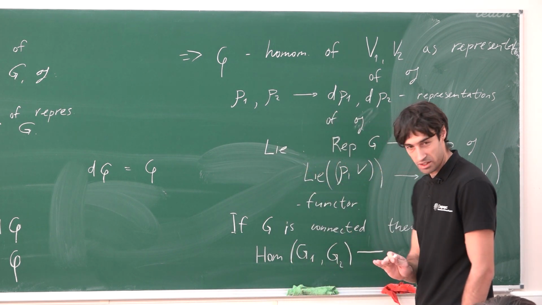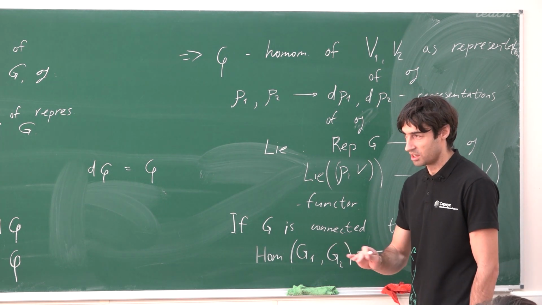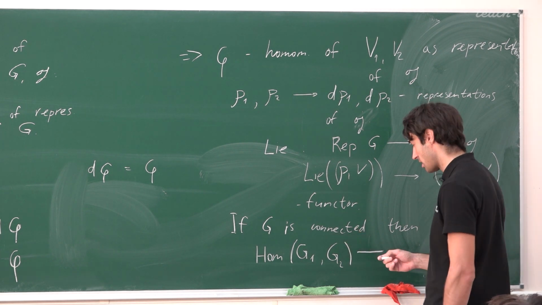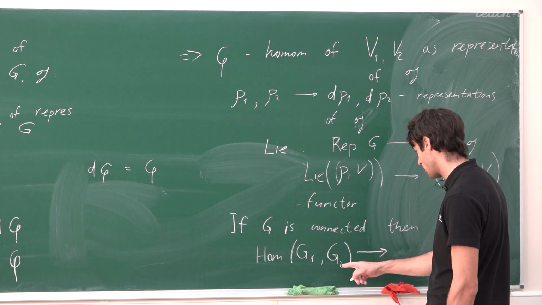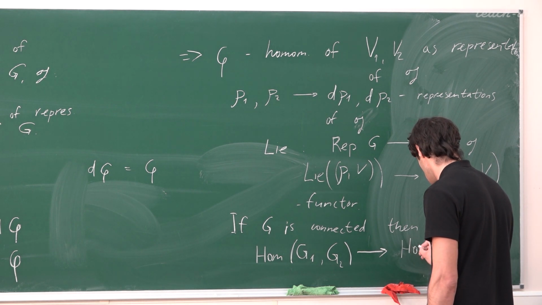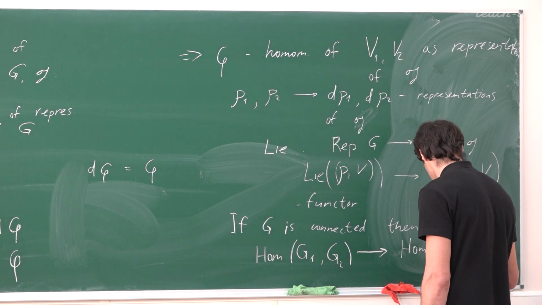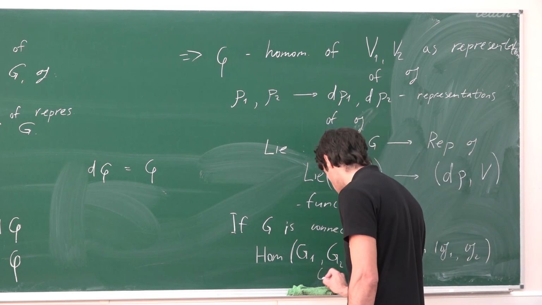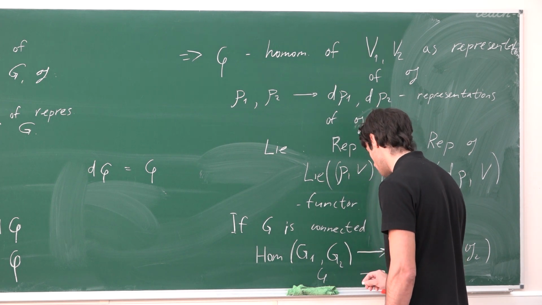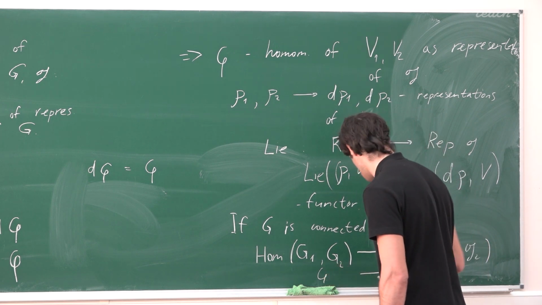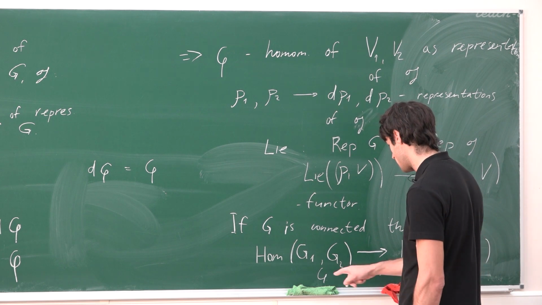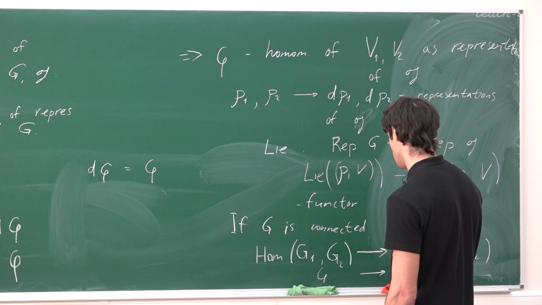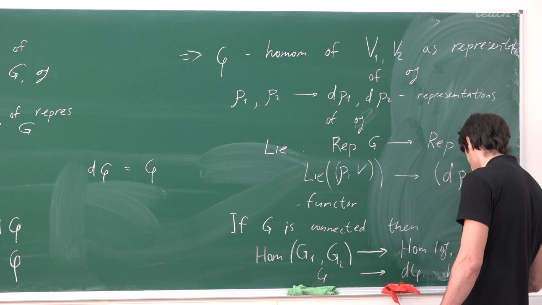I don't want the full theorem, I need just a part of it, which is applicable to connected groups. So this map is bijective.